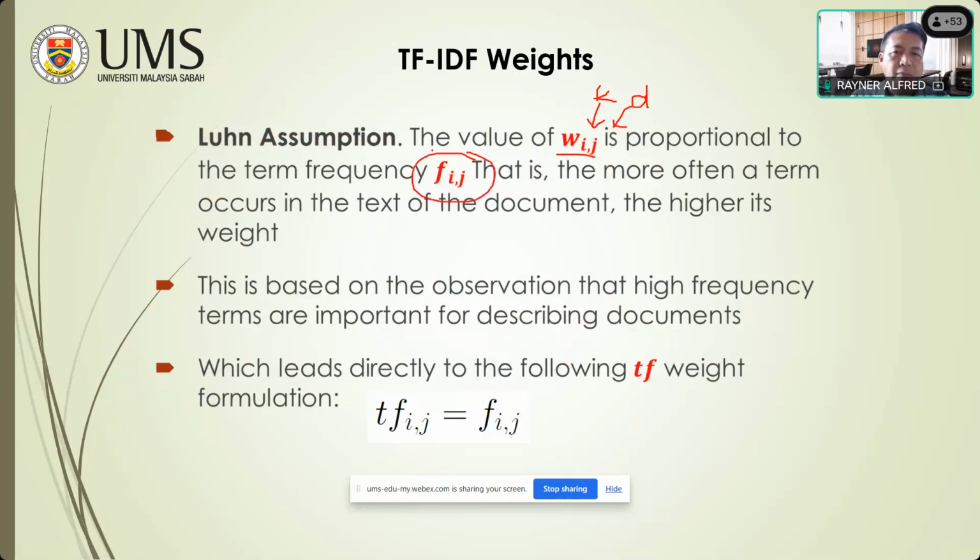So we can use term frequency to be the weight of the key I in document J. Based on this observation, the higher the frequency, the more important the term is in describing the document. So basically, we are looking at how frequently keyword I exists in J. So that is the term frequency.